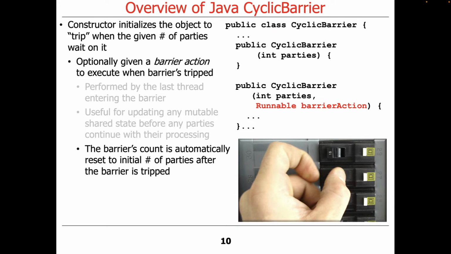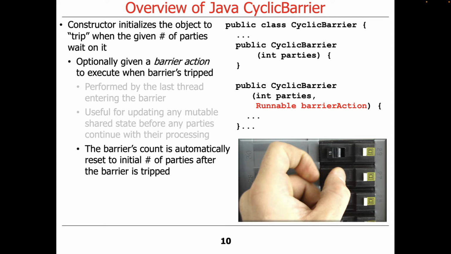Now, the barrier's count is automatically reset to the initial number of parties after the barrier is tripped. The way to think about this is, let's say you have 6 threads you're waiting on. All 6 threads finally show up, that trips the barrier, and if there was a barrier action, that barrier action is run with all the threads suspended.